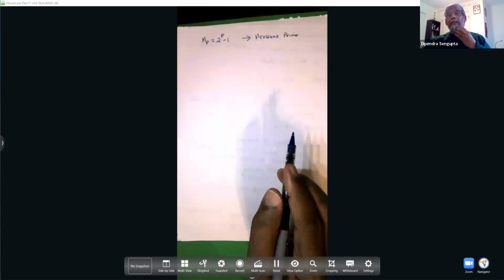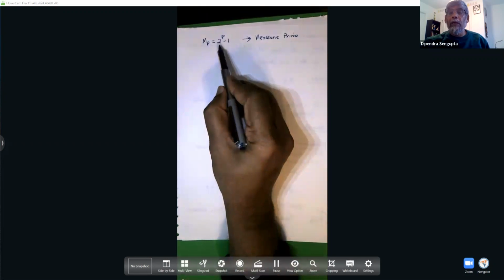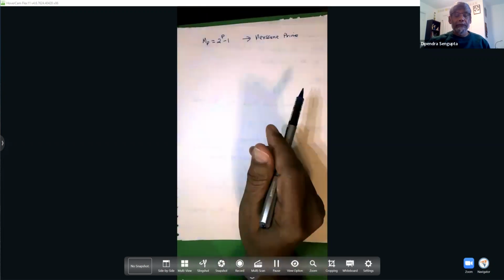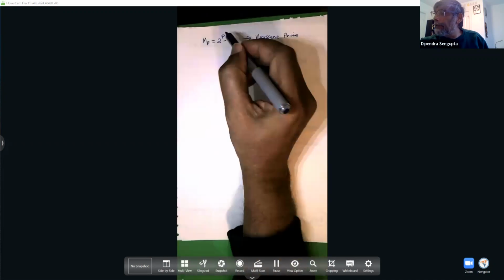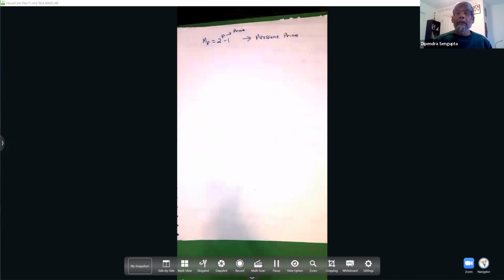The Mersenne primes are the primes which can be expressed as 2 to the power p minus 1. P is a prime, by the way. So some of these large prime numbers can be expressed as 2 to the power p minus 1, so that you don't have to write 500 digits.